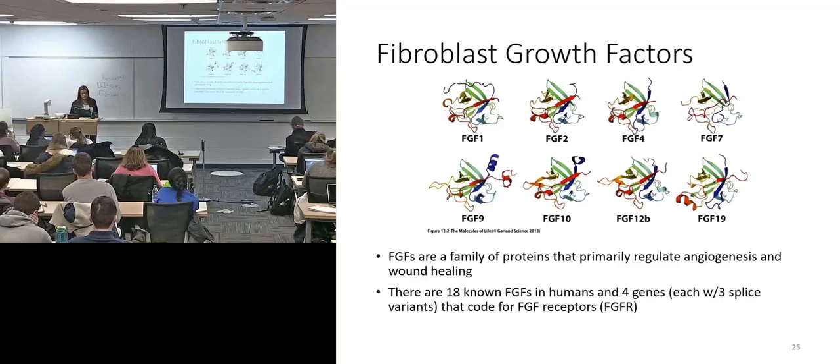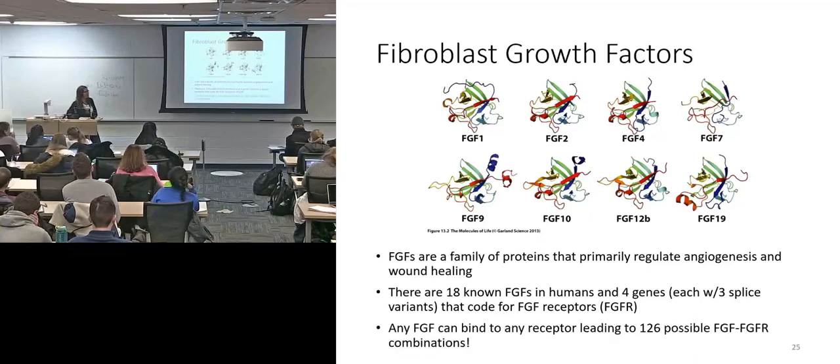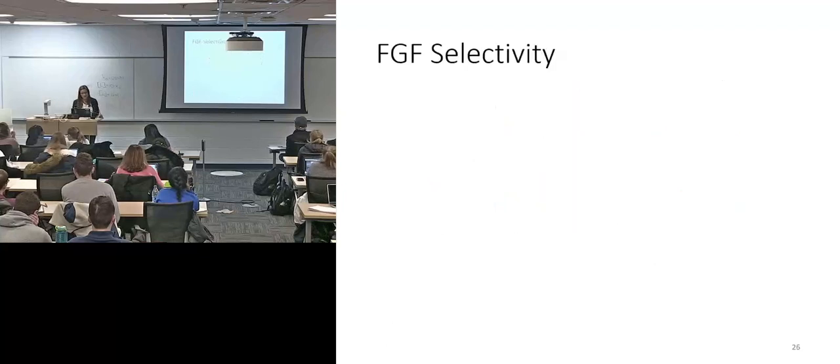There are 18 known FGFs in humans, and 4 genes, each with 3 different splice variants that code for FGF receptors, making a total of 126 possible combinations of different FGFs to different FGF receptors. Okay? And so since any FGF theoretically could bind to any one of these receptors, there's sort of a lot of this possible off-target binding that you have to consider. FGFs, however, happen to be really selective. Okay?